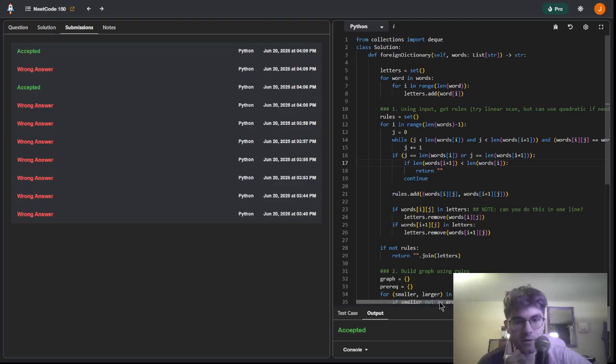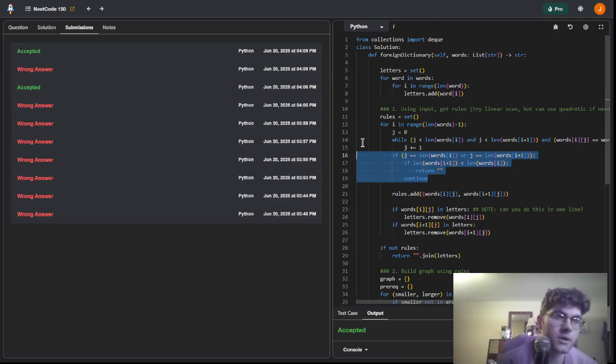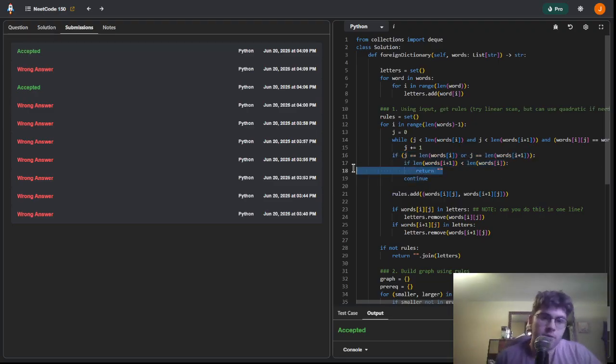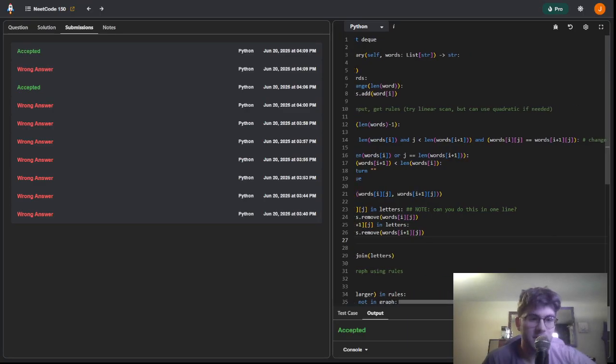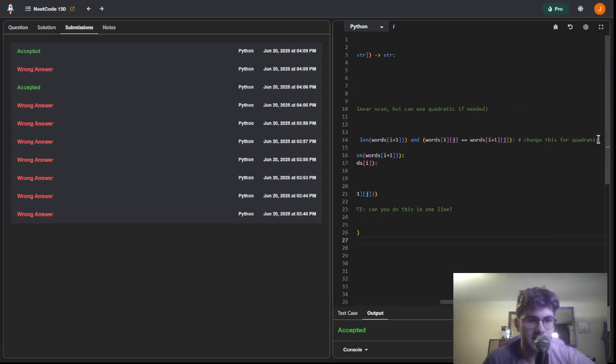Okay, so with this one, what do I need to do? This part's ugly just because of the edge case where it's two words and they're exactly the same except one of them doesn't have the last letter. This part checks if they're in the right order, and then we do want to continue. It makes sense why it's like that, it just looks so ugly.